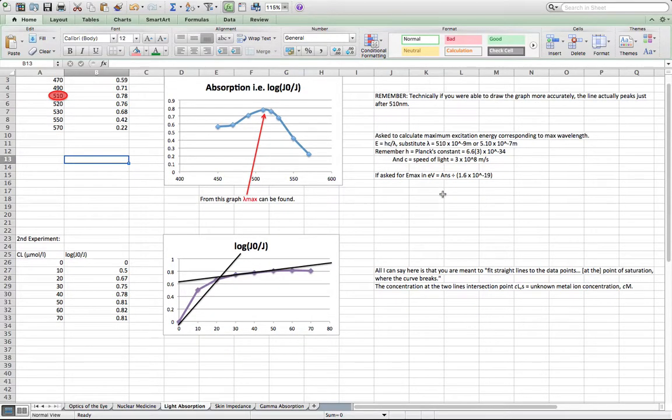Now, part of this investigation again was the second experiment, where you were changing the concentration of the material or the fluid, the solution that was absorbing the light, and the light you were shining on it was this maximum light.